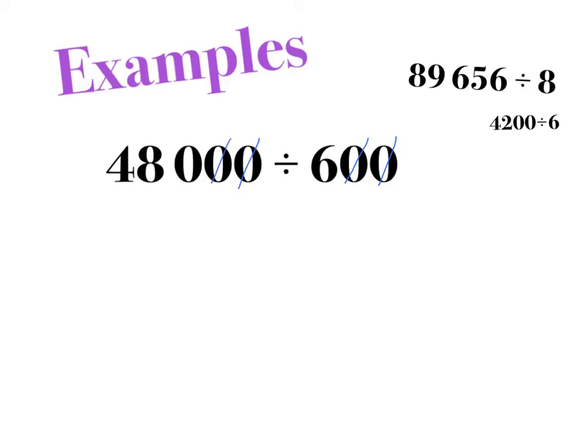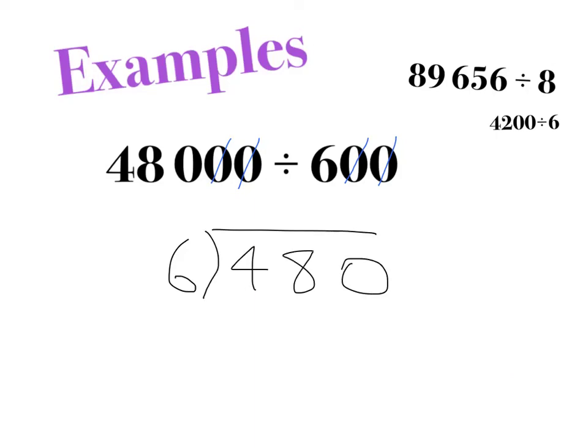So now my new number becomes 4,800 divided by 6. All I've done is simplify my numbers, and I knew I could do this because my zeros are at the end and I've taken the same amount of zeros away from each thing.